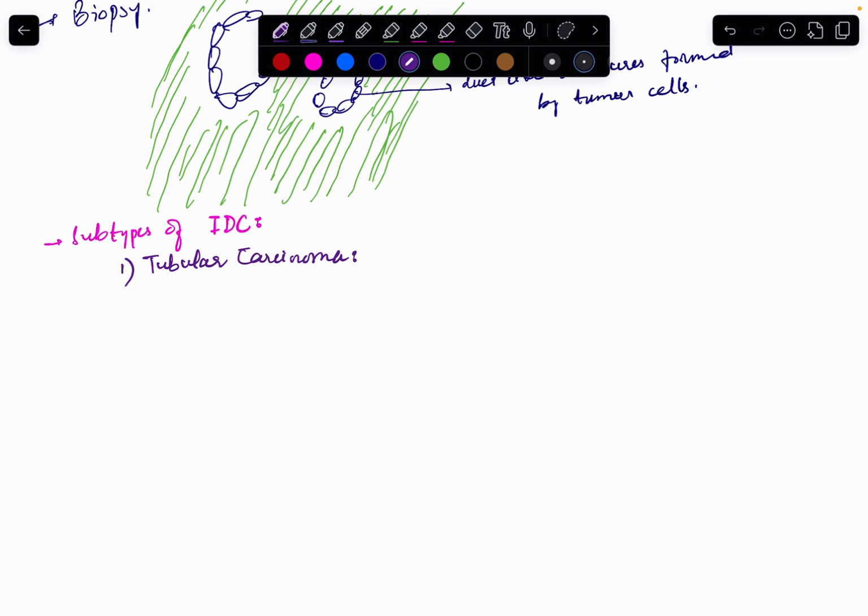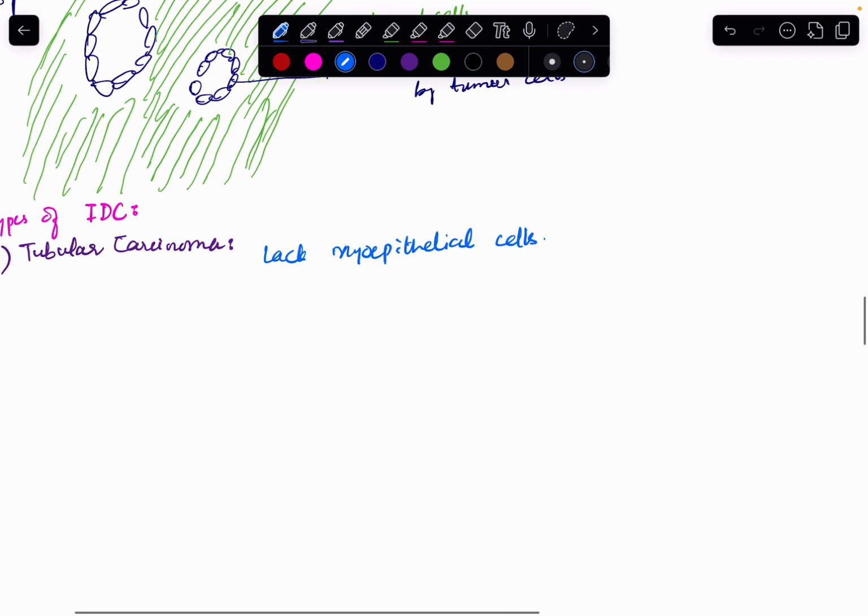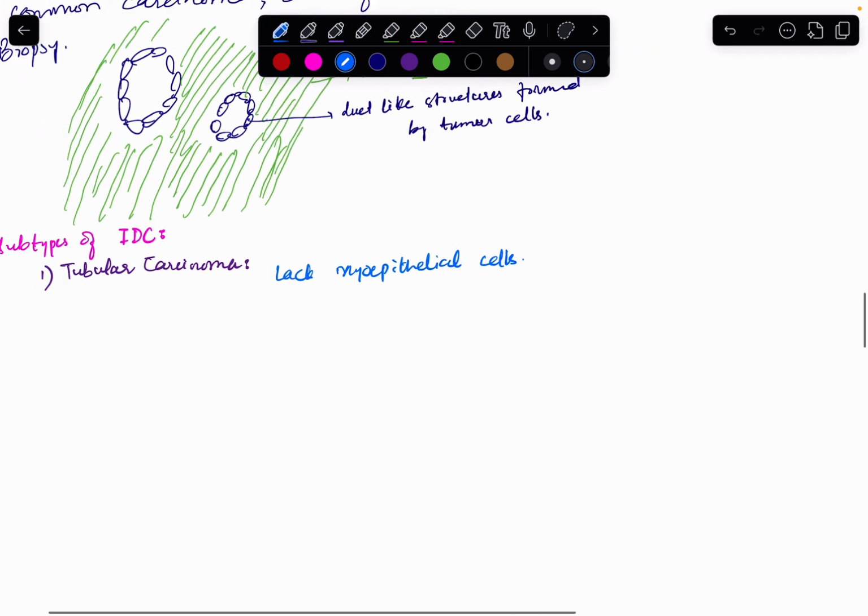What you are going to see in tubular carcinoma, you're not going to see myoepithelial cells. What were myoepithelial cells?